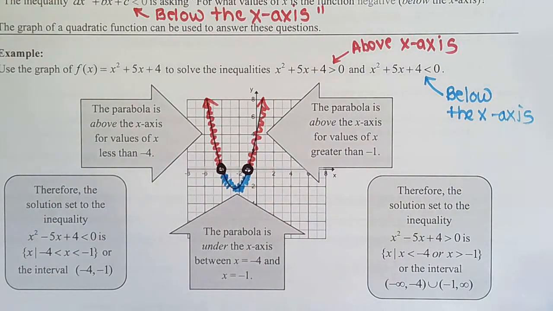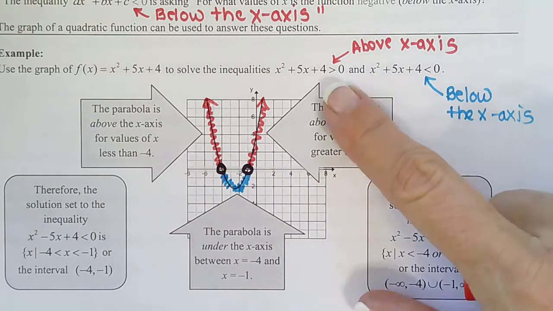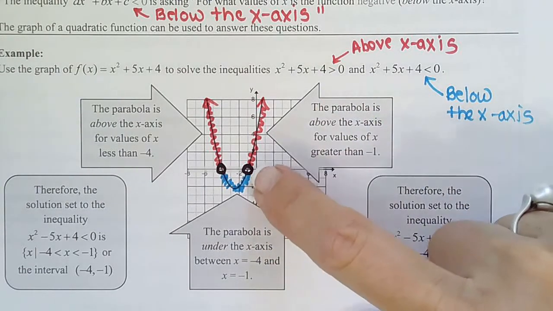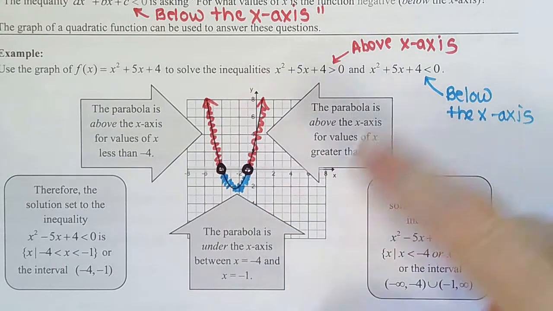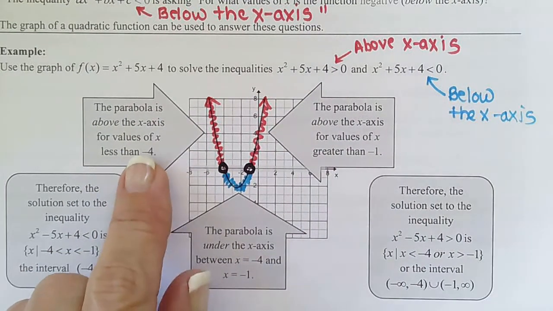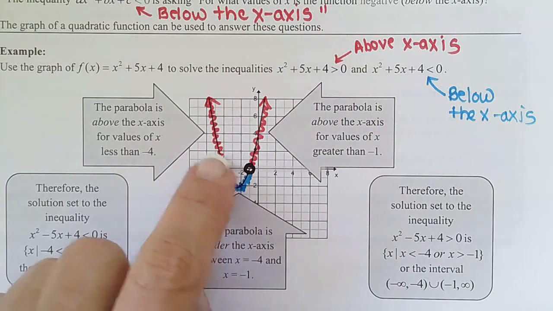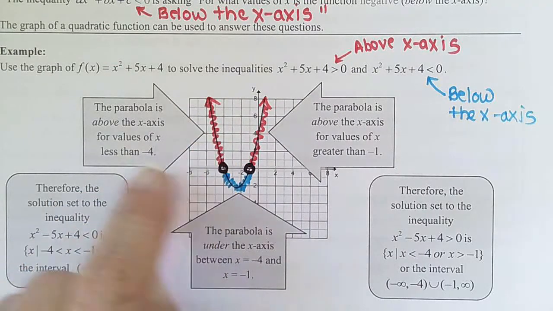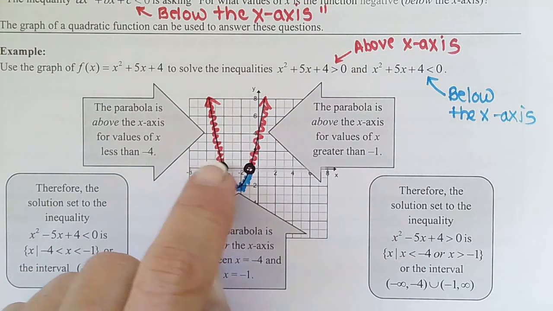Okay, so that's the first part, is we have to know what part of the graph is above, what part is below, and then circle the x-intercepts. If there's an equal sign, then we make the x-intercepts solid, but when there's no equal sign, if you remember from inequalities from your previous classes, then it's open. So the parabola is above the x-axis for anything less than -4.